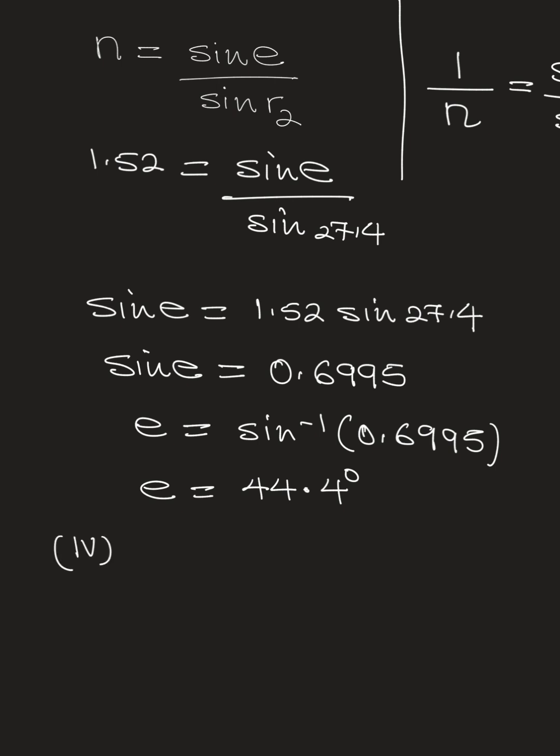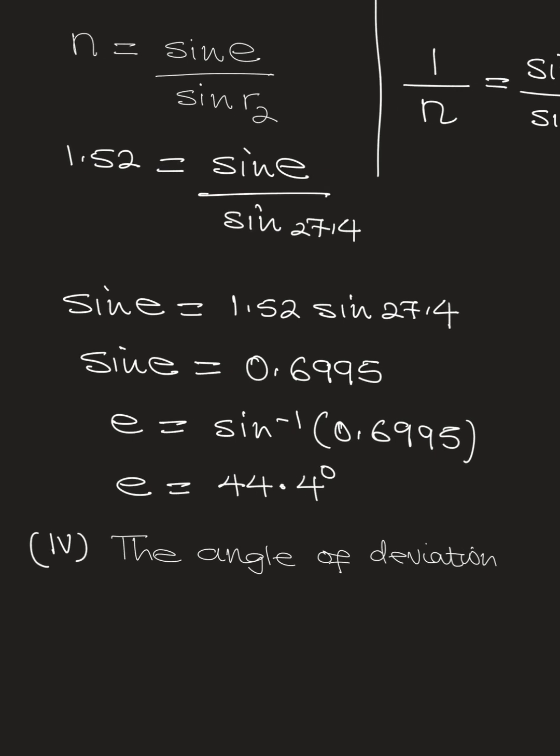Question 4, the angle of deviation, D. You have to know that the deviation is equal to the angle of incidence plus the emergent angle minus the angle of the prism. So what is the angle of incidence?